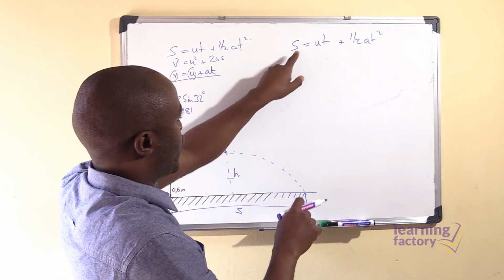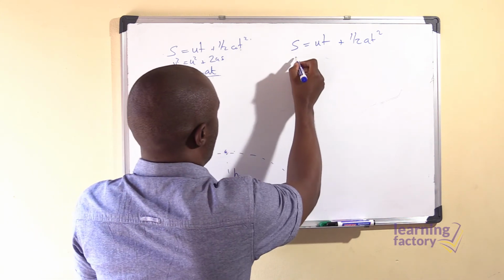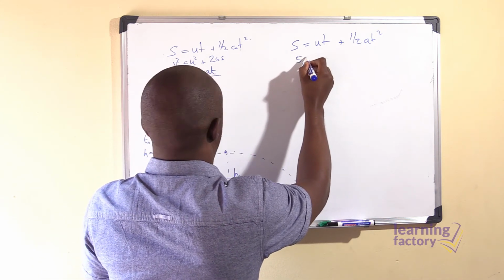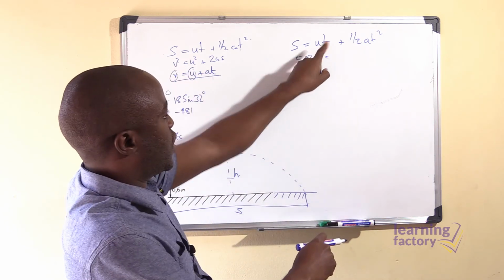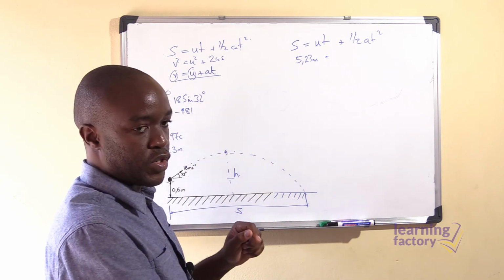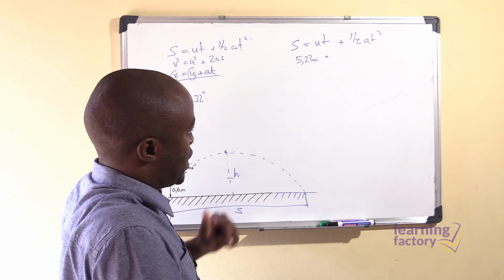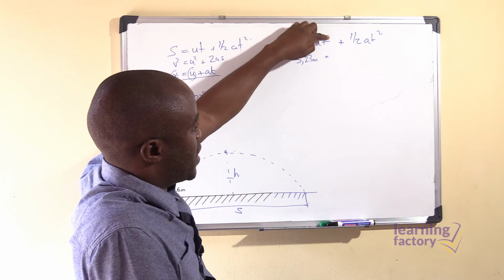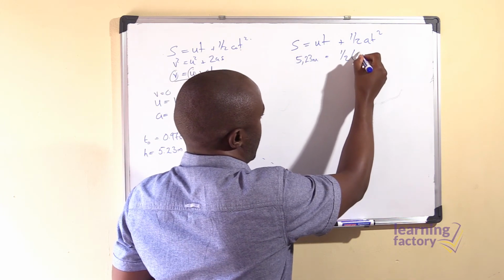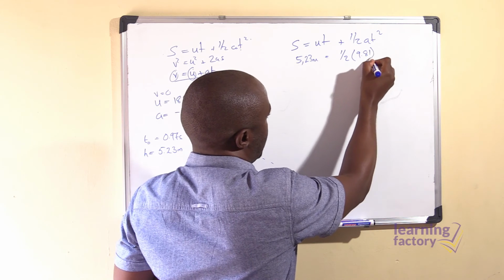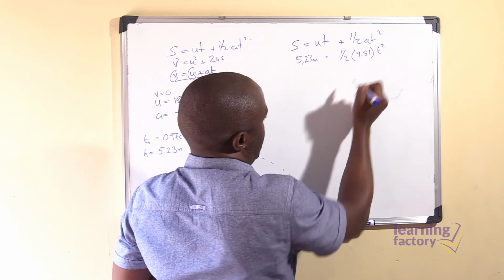And we know our value of s is the value of h, which is 5.23 meters, is equal to our initial velocity at the top. Our vertical velocity is 0, so that becomes 0. Half our acceleration due to gravity, 9.81, times t squared.